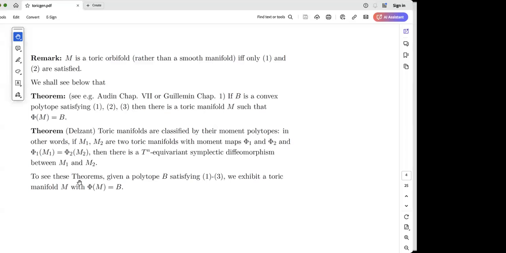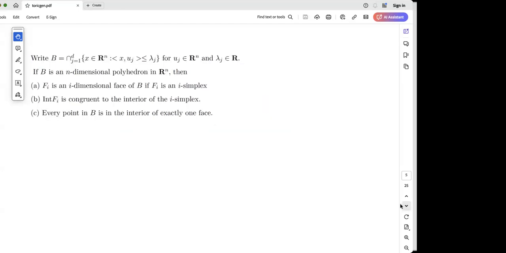So given a polyhedron B satisfying these conditions, we exhibit a toric manifold that has that polyhedron as its moment image.